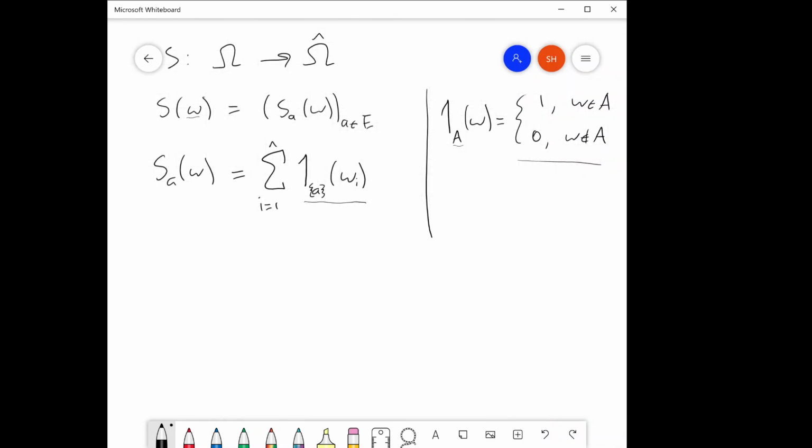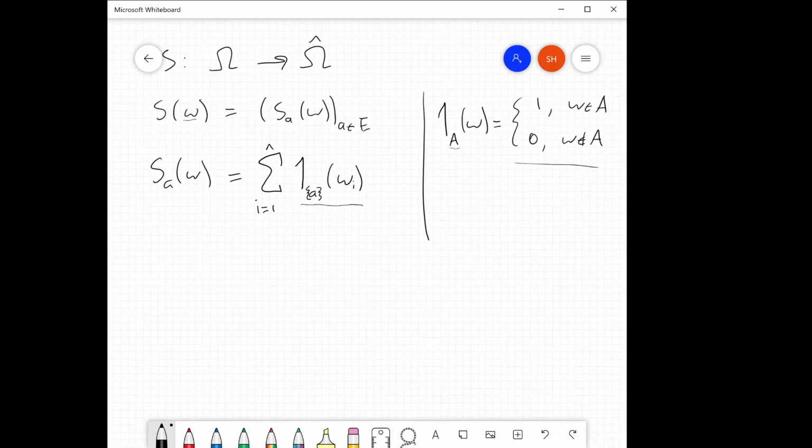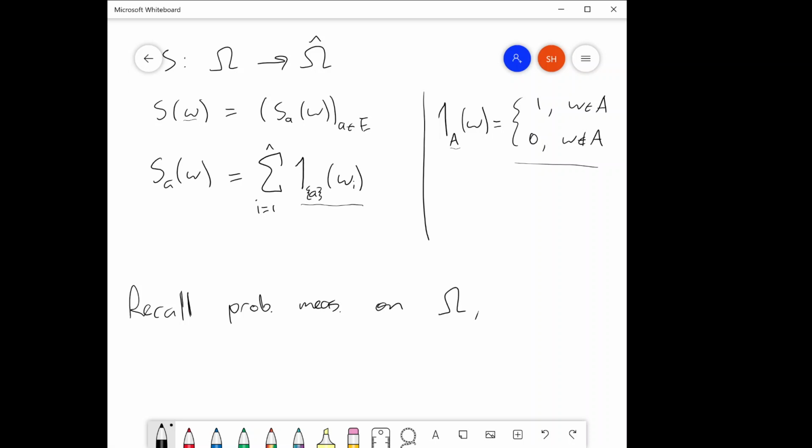I realized that I didn't introduce notation for the probability measure that we had previously. Recall that the probability measure on Ω with its power set sends a sequence ω_1 through ω_n to, well, this is a finite set, so it's enough to define what it does to a singleton.